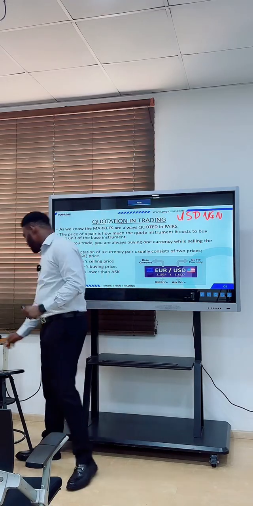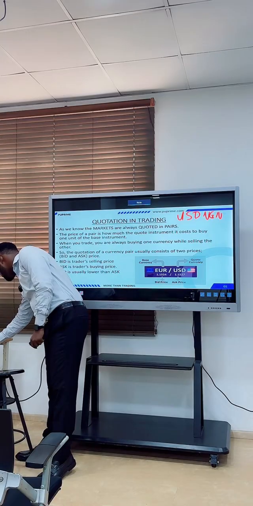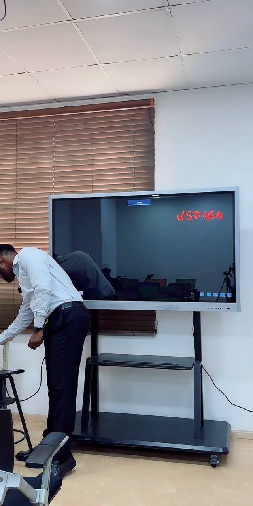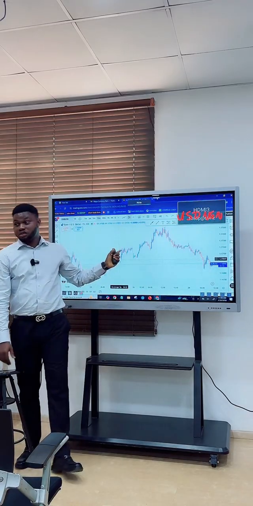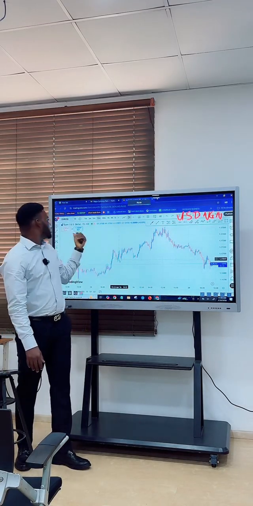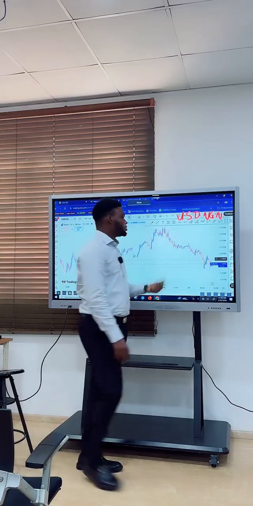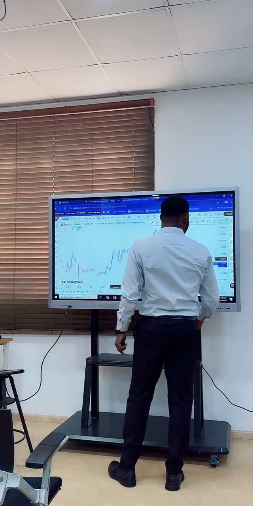Let us use a chart to explain something so that it will be clearer. Okay, can we all see this? We can all see this. Now this is EUR/USD. Let me clean this.